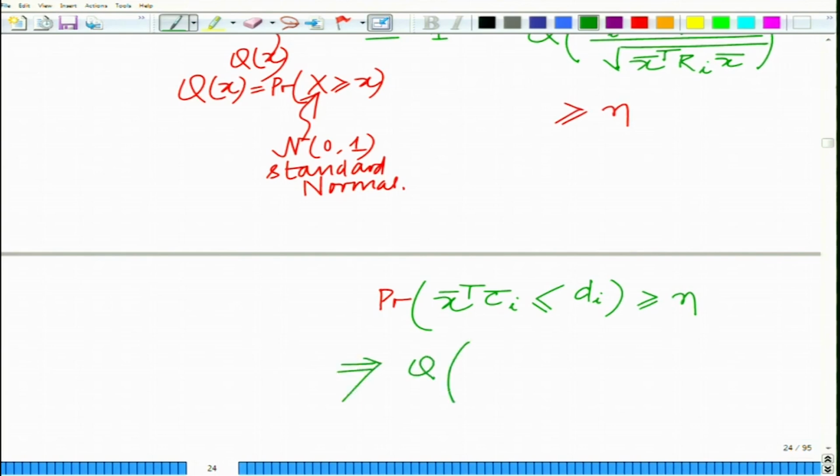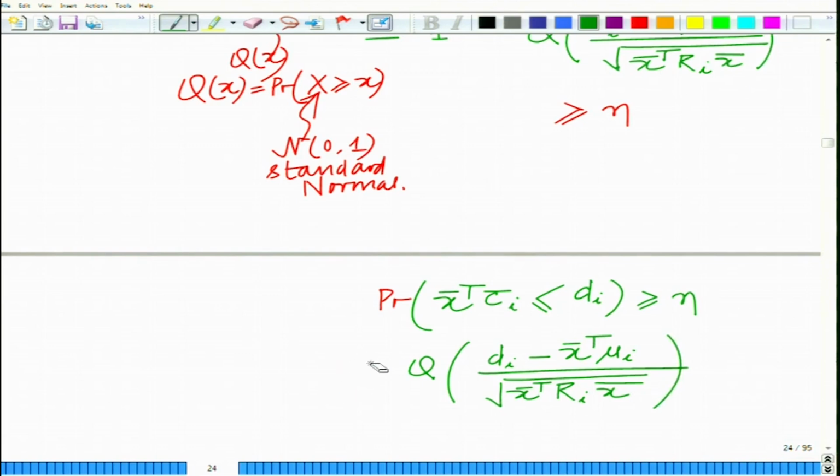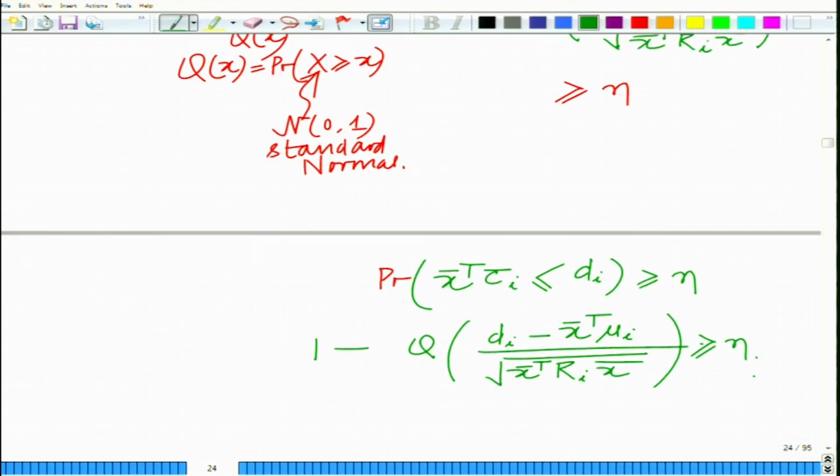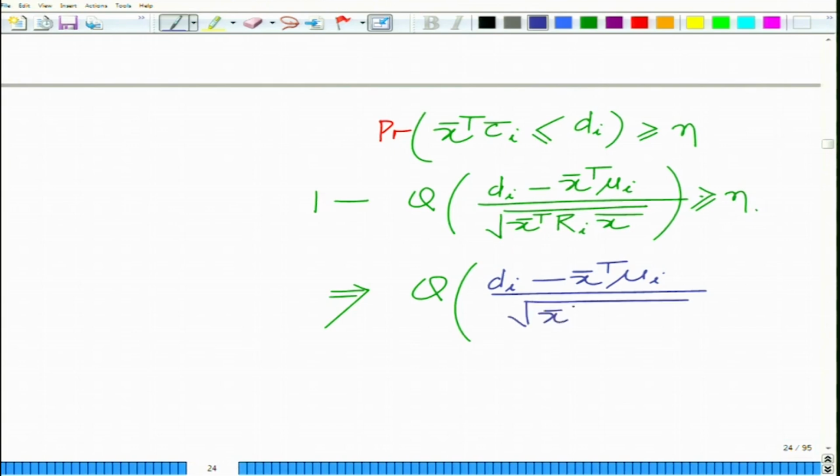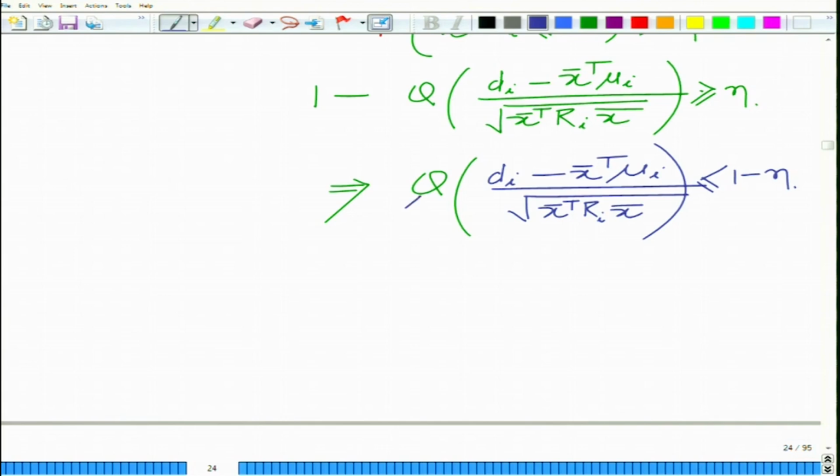And this implies that Q of (di minus x bar transpose mu I) divided by the square root of x bar transpose Ri into x bar is less than or equal to 1 minus eta. Now, the Q function is a decreasing function.